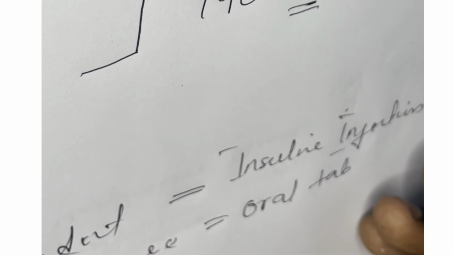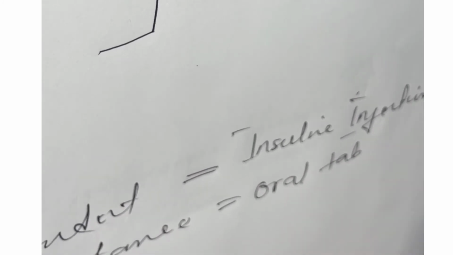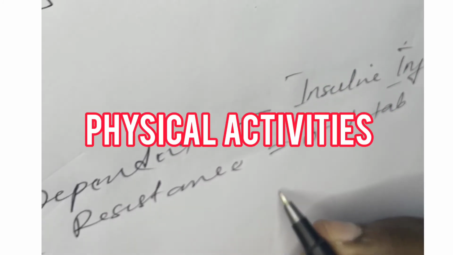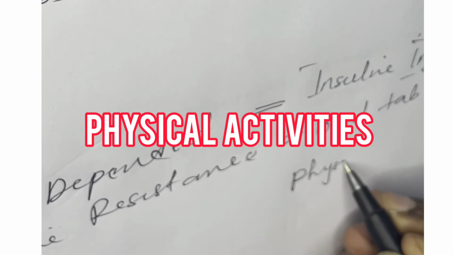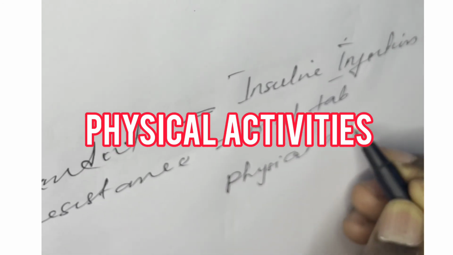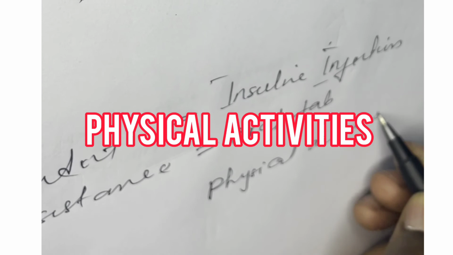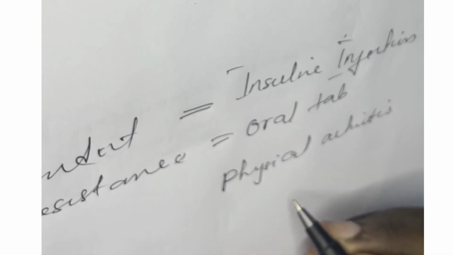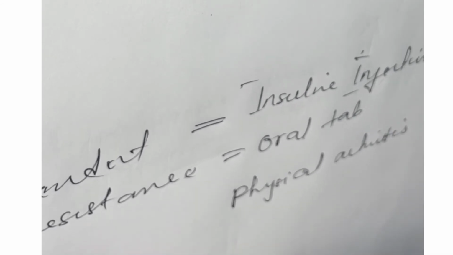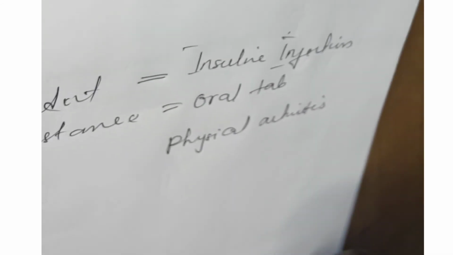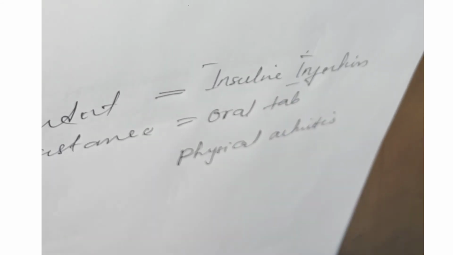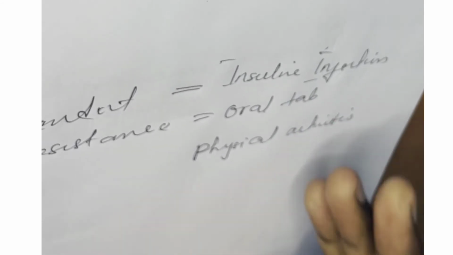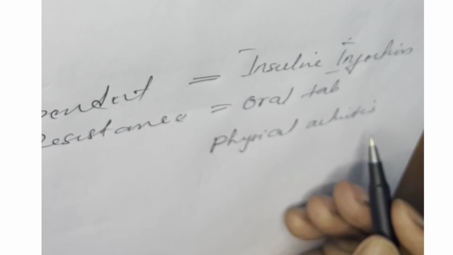And then apart from this, sometimes physical activities help, because when you engage yourself in physical activities, it helps to boost your cell receptors, it burns some calories, and it also helps to make your immune system strong, and so on and so forth. So physical activities sometimes can help.